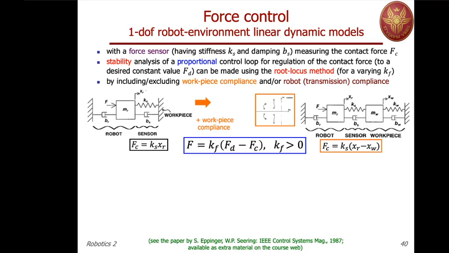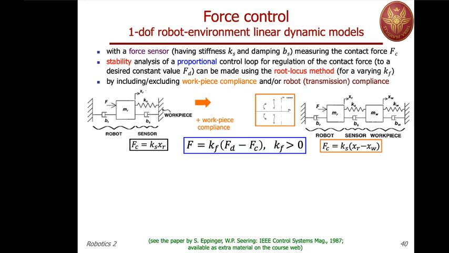So xw will move together with xr. Since the sensor is measuring force through the compression of its equivalent spring ks, this compression is now measured by the difference between xr and xw. So pay attention to where this type of force is being measured.